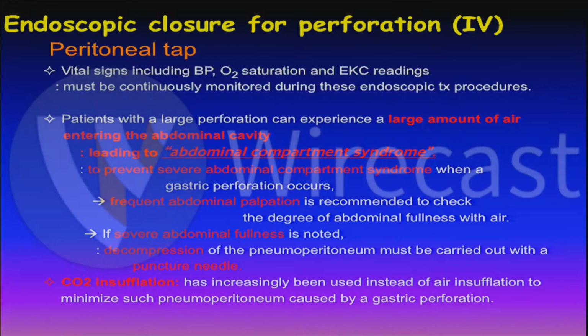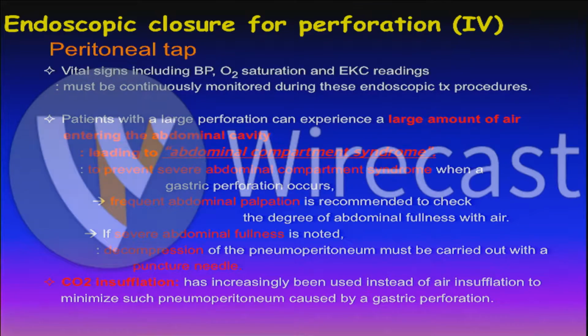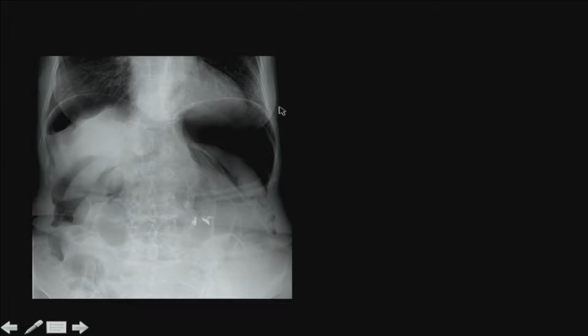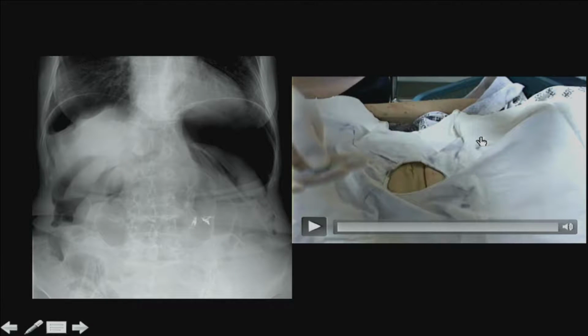If severe abdominal fullness is noted, don't hesitate to do the peritoneal tap. Nowadays, CO2 insufflation is more useful and popular. After perforation, there was a lot of free air in the patient's peritoneal cavity like this, and then I checked the patient and asked many questions.